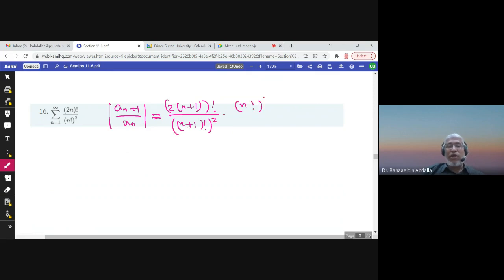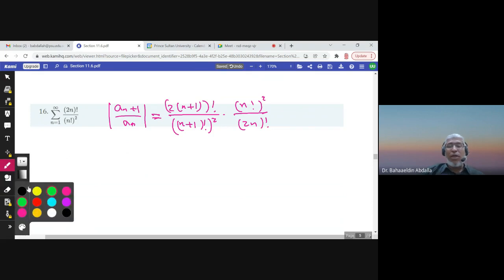Times (n factorial) squared over (2n) factorial. Well, here I have 2n+2, so it's (2n+2) times (2n+1) times (2n) factorial. And here I have (n+1) times n factorial.